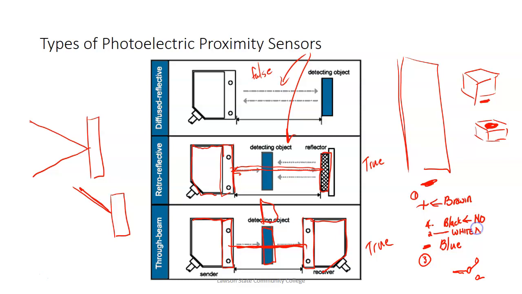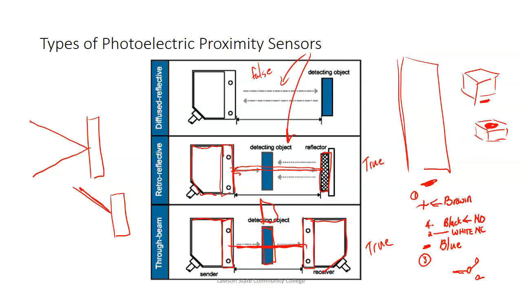And this is going to be the normally closed, if we have a normally closed. So a lot of times they won't use the black wire, they'll use the white wire. Most of ours don't have a white wire. Most of ours will just be brown, blue, and black. So that's the standard color code for these solid state sensors.